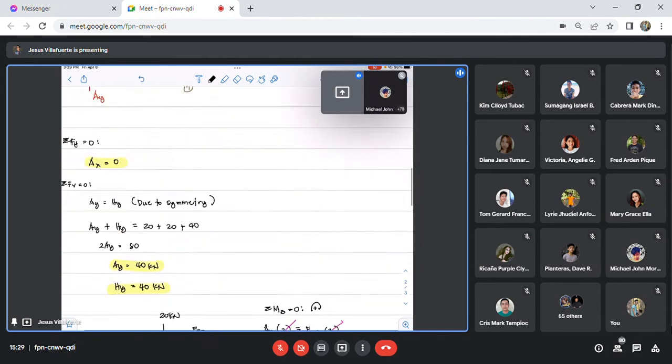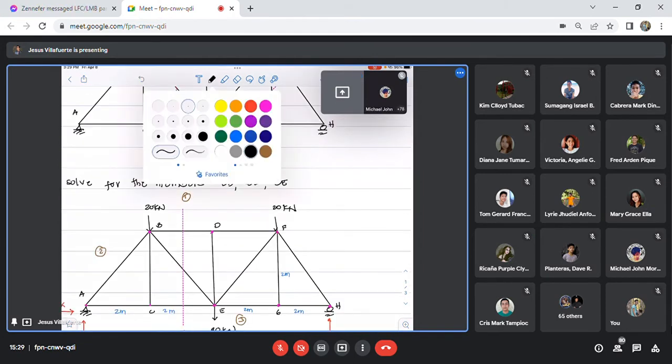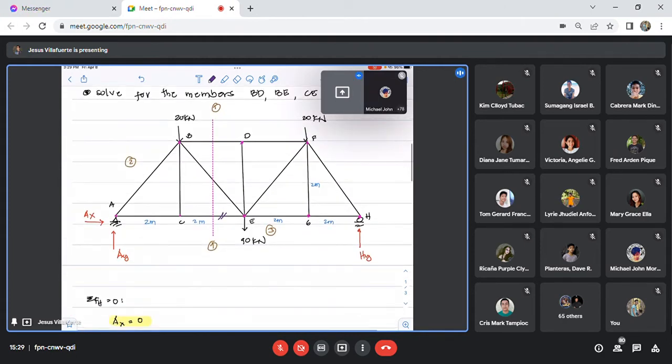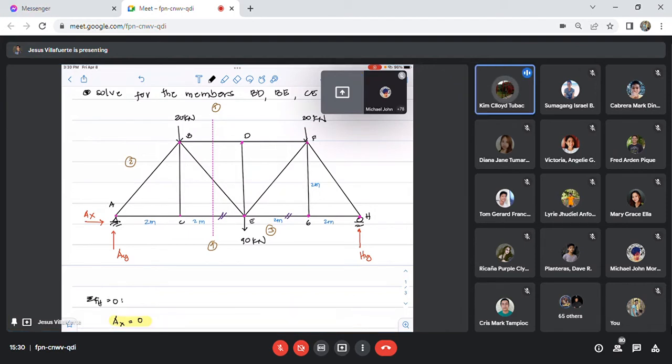So we have already calculated the force in member CE, even without going through the joints. Since this is symmetrical, we have also calculated member EG. Now we have two; only two are missing. What else can we use? Summation of vertical forces, sir.